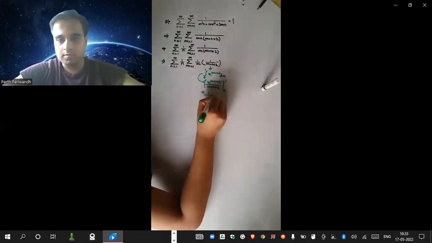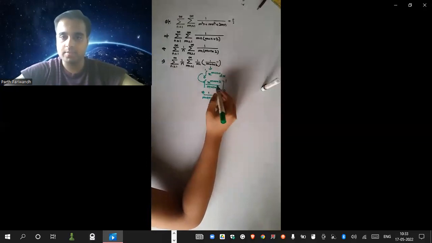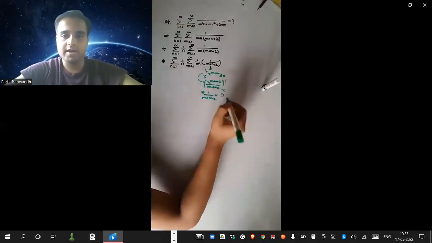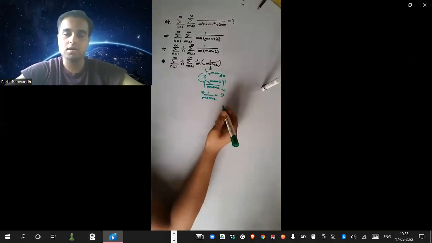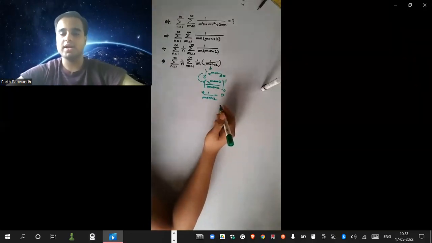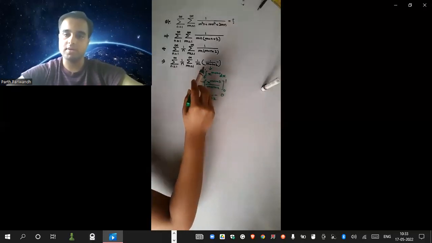We put 1 and 0 in for x and subtract. By putting 1, it is simply 1 divided by m plus n plus 2, and by putting 0, it is 0. So we can write 1 divided by m plus n plus 2 as the integral from 0 to 1 of x to the power of m plus n plus 1 dx.